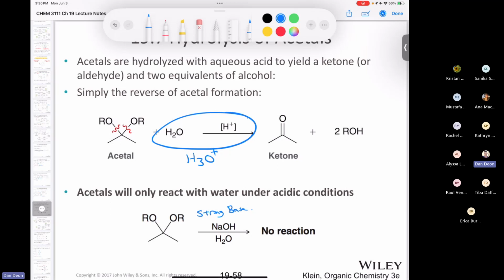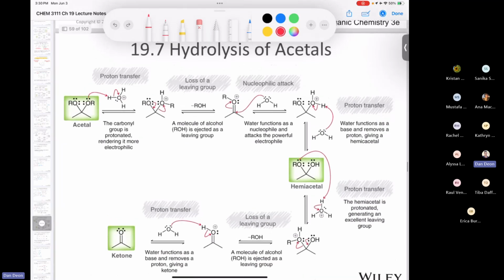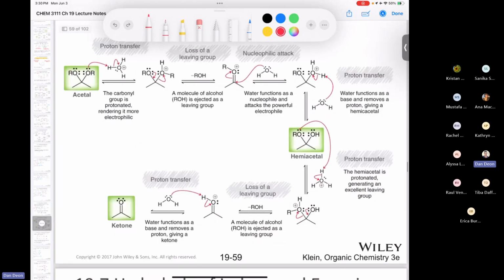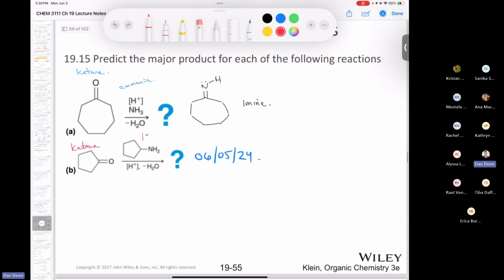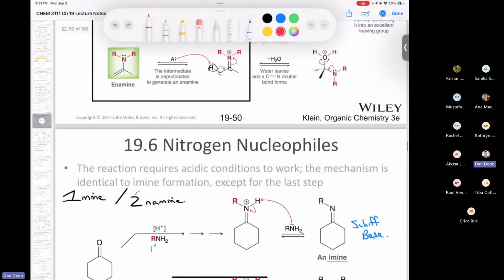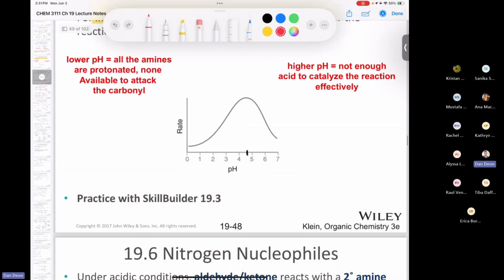Now, the mechanism of this reaction is going to be identical to the mechanism for this reaction, but in reverse. Right? It's going to be identical to the mechanism that we saw for the formation of an acetal from a ketone and alcohol with the removal of water. It's just in reverse. So this mechanism, that we're on page 59, is the exact same mechanism as the one on page, where was it? I've got to go back quite a ways.